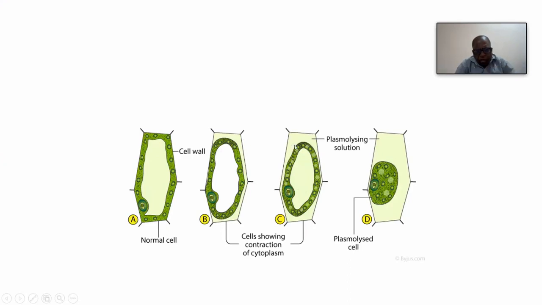Have you noticed tamarind? How do you say it in Tamil? Can anyone say? So when the tamarind is full, not mature, it is like this. That is an example of a turgid cell.